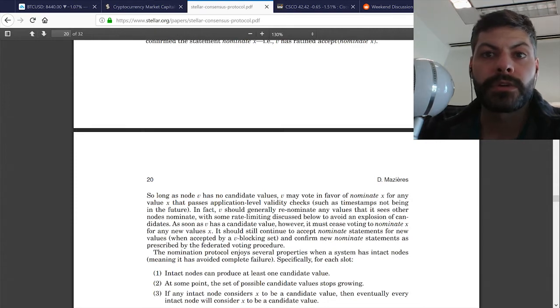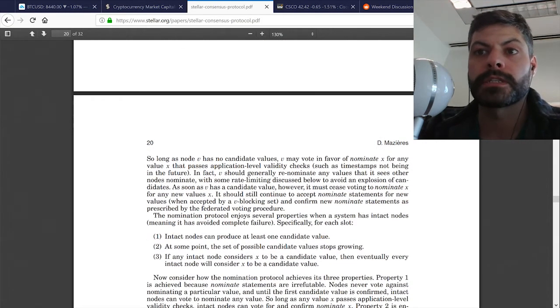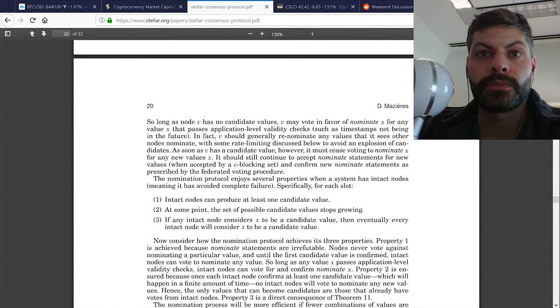The nomination protocol enjoys several properties when a system has intact nodes, meaning it has avoided complete failure. Specifically for each slot: 1. Intact nodes can produce at least one value. 2. At some point, the set of possible candidates stops growing. 3. If any intact node considers X to be a candidate value, then eventually every intact node will consider X to be a candidate value.